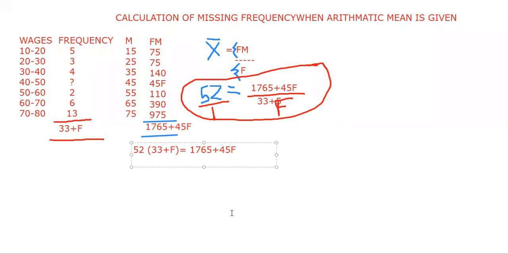Now 52 into 33, just compute 52 into 33. Once I do this, the answer is 1716. So 1716 plus 52 into f will also be there, so 52f, equals 1765 plus 45f.